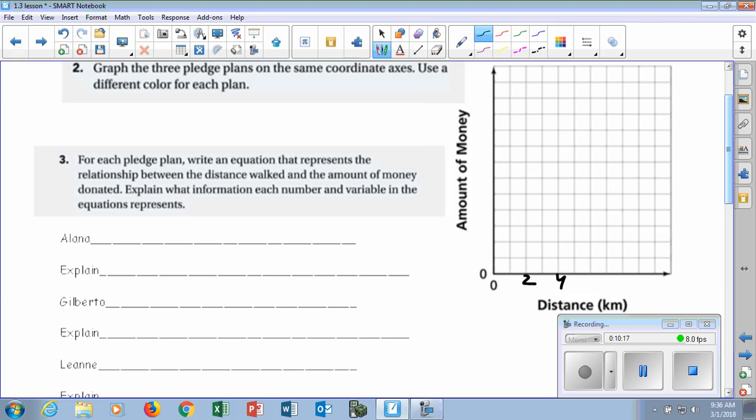I'm going to skip a line. So I'm going to do 2, 4, 6, 8, 10. And then for my amount of money, which is along the y-axis, I'm also going to go up by 2s. So I have $2, $4, 6, 8, 10, and $12.